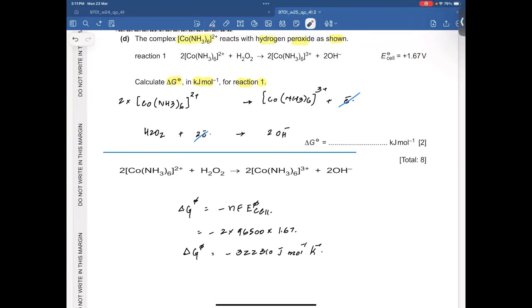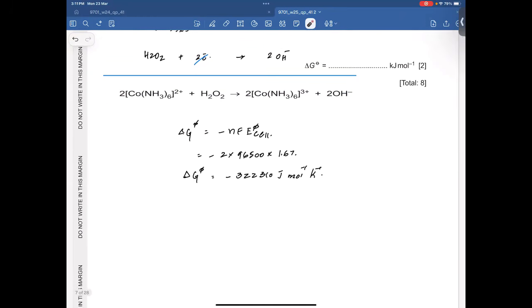Basically, this 1.67 volt equals 1.67 joules per coulomb, so the answer has to be in joules, right? We need to convert it into kilojoules because Gibbs free energy is always written in kilojoules per mole, so it's going to be minus 322.3 kilojoules per mole.